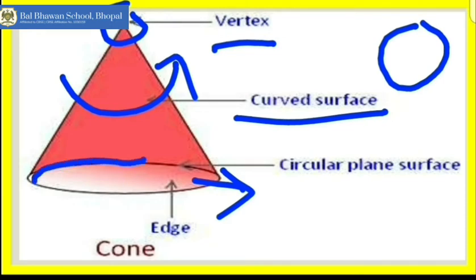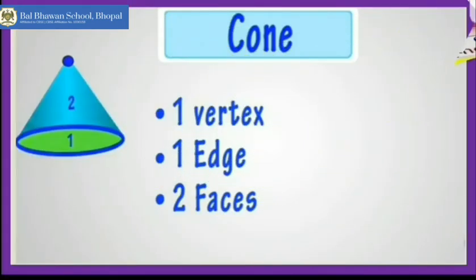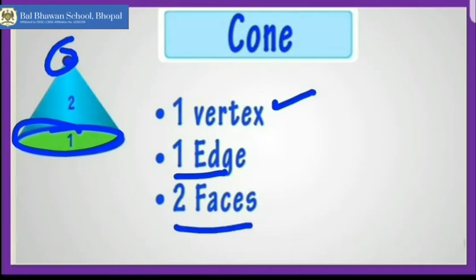And then last, this is the circular edge of the cone where both the faces are meeting. So this is the circular edge of the cone. Next, what we conclude is that a cone has one vertex, one edge and two faces, one is curved and the other one is a circular flat surface.